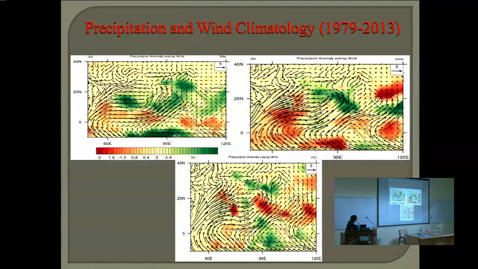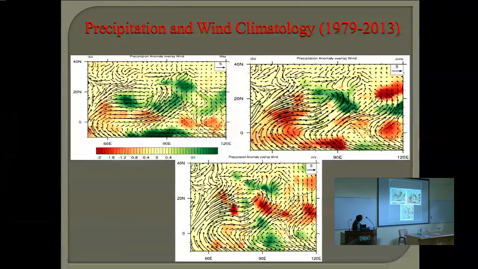From this I have taken the month of May and the month of June. This is wind and precipitation climatology for the month of May, just prior to the onset of summer monsoon, and after the onset of summer monsoon.